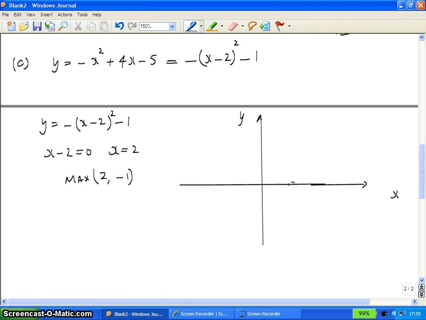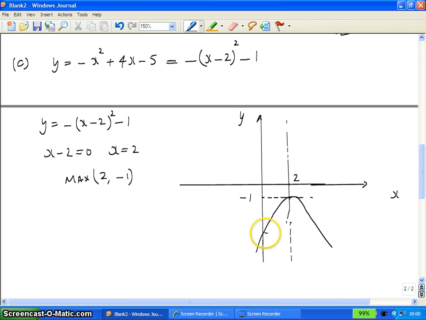Remember, that's also the line of symmetry for the quadratic. So that would be 2 and minus 1. I'm going to do that here. So that must be the turning point. Let's stretch this one. So that's going to be the graph of my quadratic.